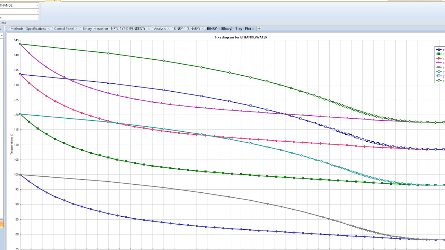So let's say you have ethanol at 32.5% or 0.325 mass fraction, then water would be 1 minus 0.325, which comes out to nearly 0.675.